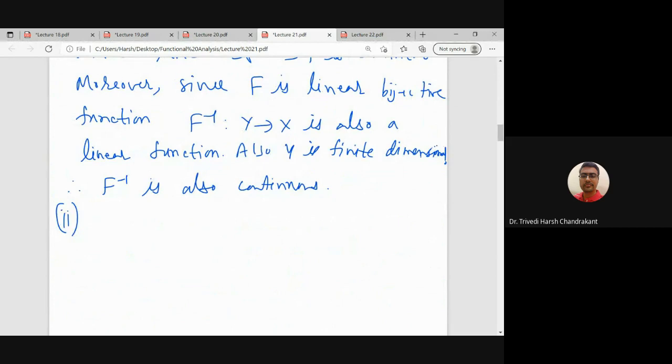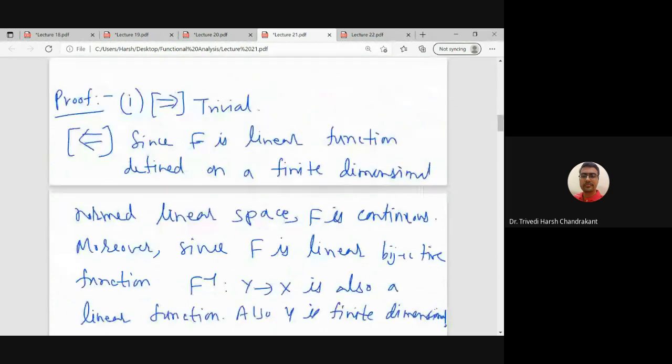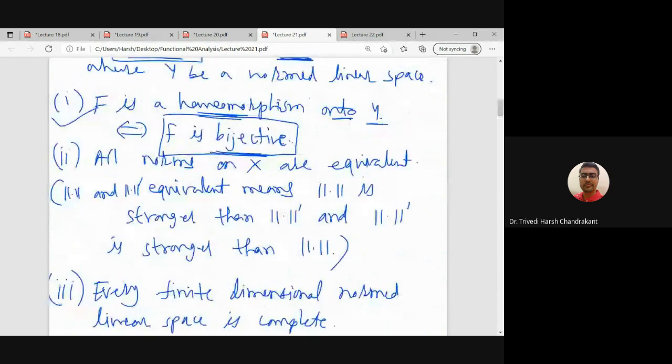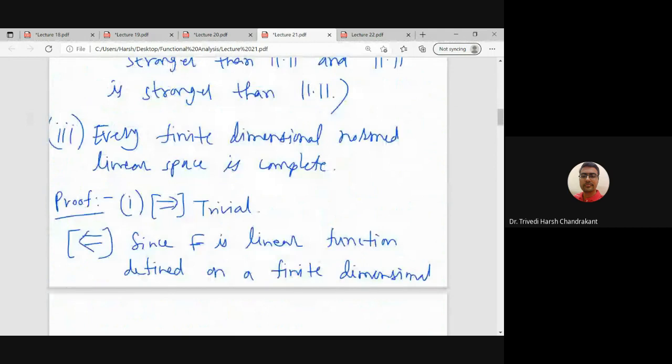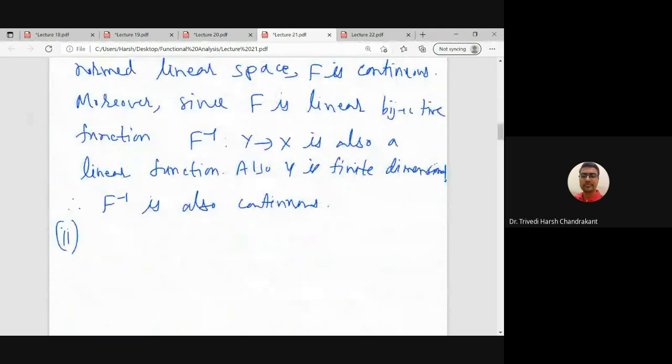Again, in the second part, what we want to show is that any two norms defined on X are equivalent. So let us start with two norms defined on the normed linear space X, and to apply the first part, we will need a bijection. Right. So let's start with two norms.